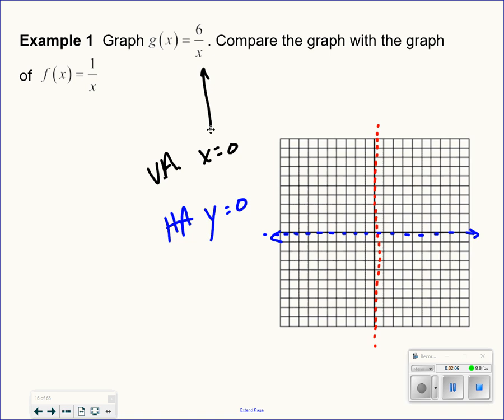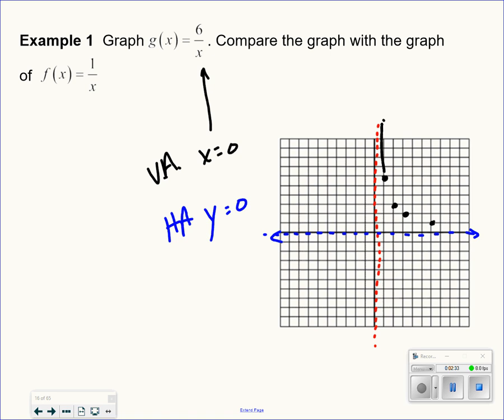So if I graph this, let's say I plug some points in, like x equaling a half. So you'd get a half, 12, 1, 6, 2, 3, 3, 2, 6, 1.